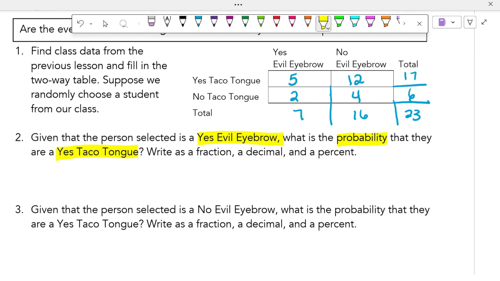If we know that they are yes to the evil eyebrow, meaning they fall somewhere in this column, it wants to know the probability that they will also have the taco tongue. So what do you guys think?